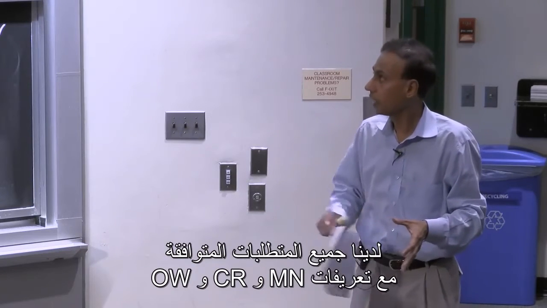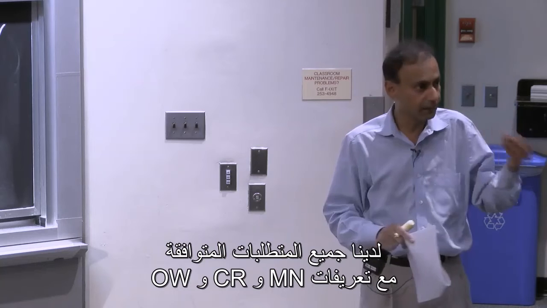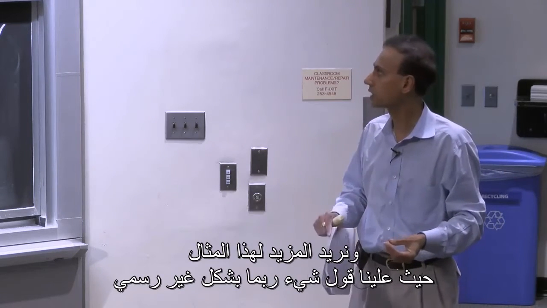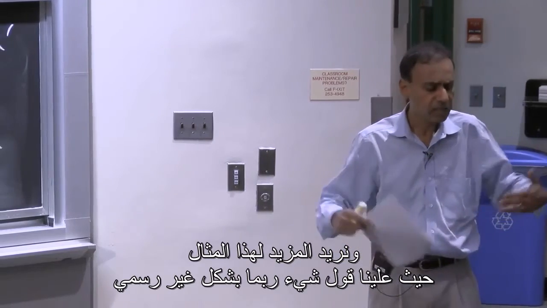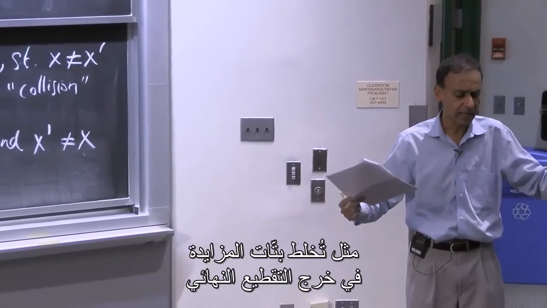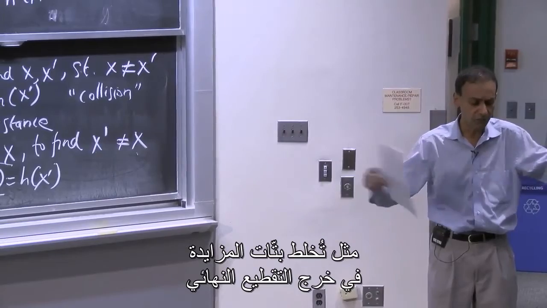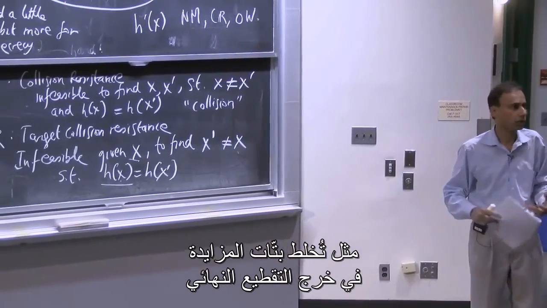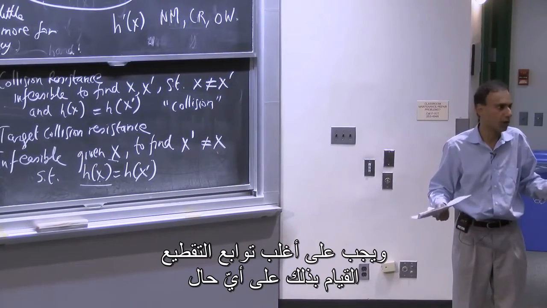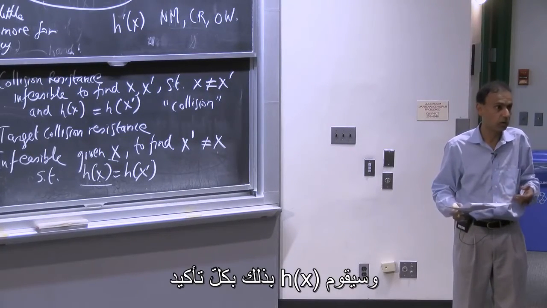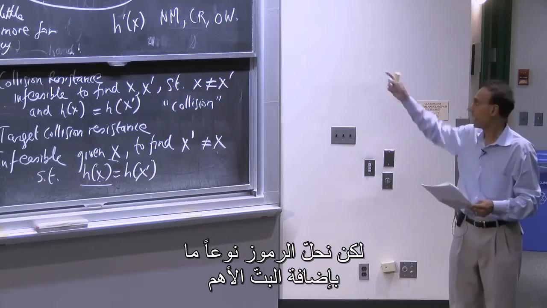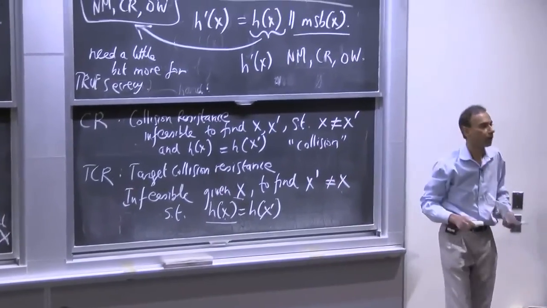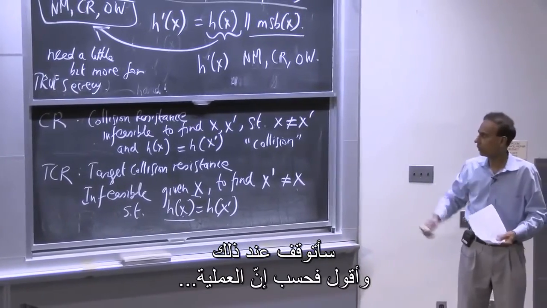We had all the requirements corresponding to the definitions of NM and CR and OW, and you need a little bit more for this example, where you have to say something perhaps informally, like the bits of your auction are scrambled in the final hash output, which most hash functions should do anyway, and h of x would definitely do, but you've kind of unscrambled it by adding this little thing in here corresponding to the most significant bit. All right? So I'll stop with that.